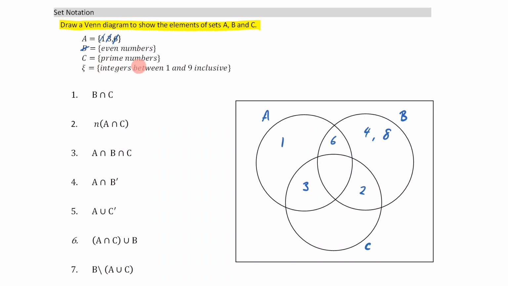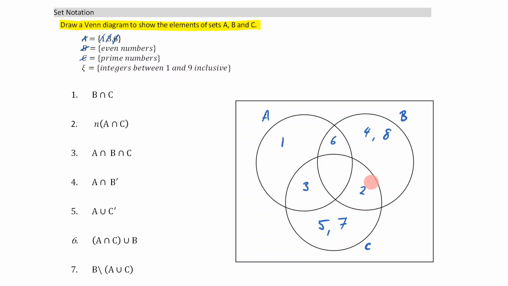Next, we have to consider our prime numbers. We've already got 2 and 3, so our next prime is 5. 5 is neither in A nor B, so it's just over there. The next one is 7, which is neither in A nor B, so it's just going to be there as well. The very important thing to do after you've filled out all your sets is to consider whether you have included everything in your universal set.